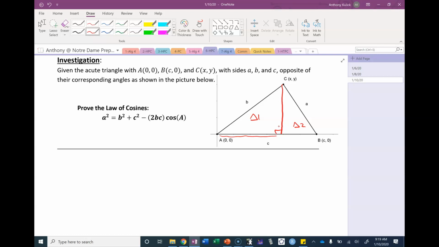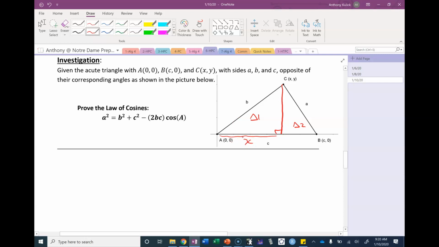That base. Why x? Good. So if you look at the point C, the coordinate at C is x comma y, right? So that means we went x units over and then y units up to get to C. So that means that this side is x.